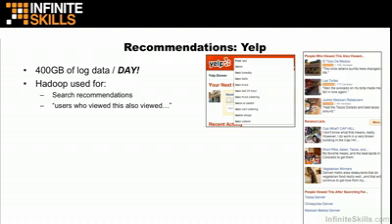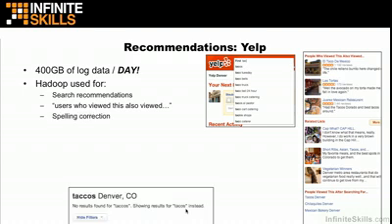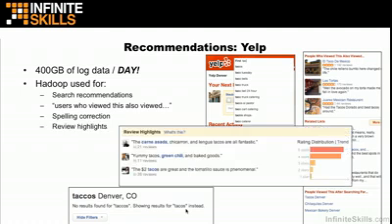As I zoomed in and found a single restaurant, I see that other users' recommendations for similar restaurants appear. Spelling correction. For example, in this case, I misspelled tacos, but they quickly corrected it for me. Doing review highlights or quick looks of other reviews that folks gave for a certain restaurant, and obviously doing things like advertisements. Yelp is a heavy user of Hadoop, and it provides all of these things on their site and other similar sites.